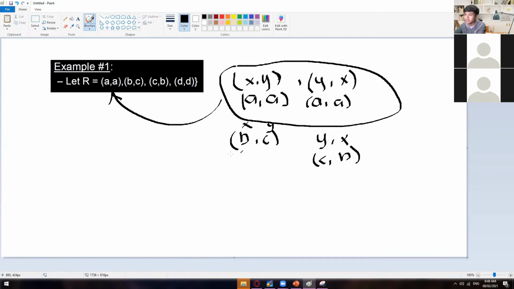So we have (b, c), which is this one, and then we also have (c, b). And this (b, b) is the same with this concept. All right, so simple as that. If you have (x, y), you should also have (y, x).